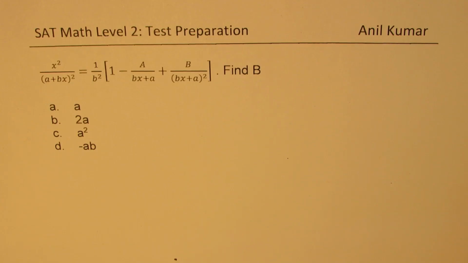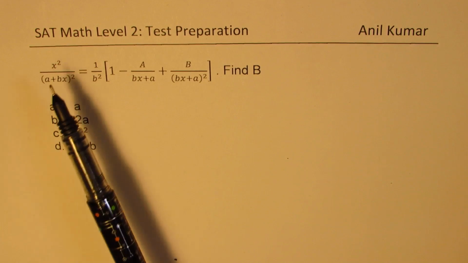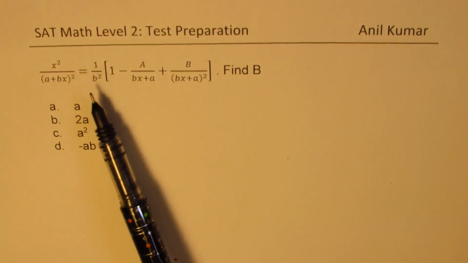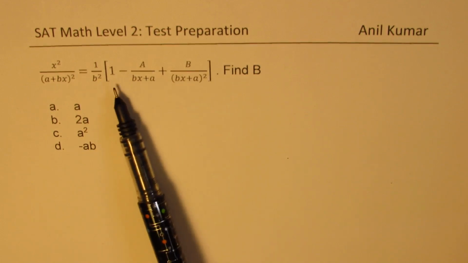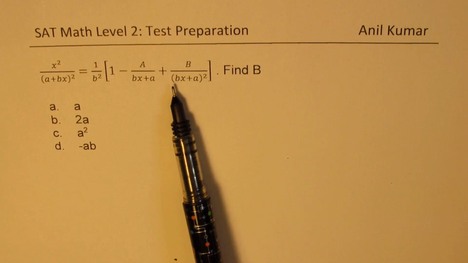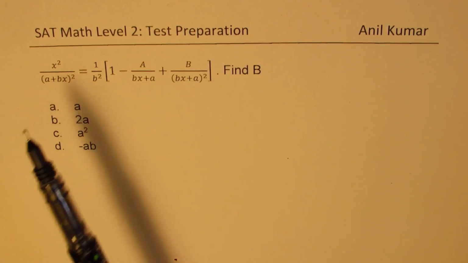Here we have an excellent question based on partial fractions or decomposition of rational functions. x squared over (a plus bx) whole squared is equal to 1 over b squared, within brackets, 1 minus a over (bx plus a) plus a squared over (bx plus a) whole squared.